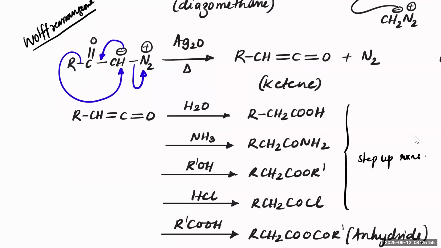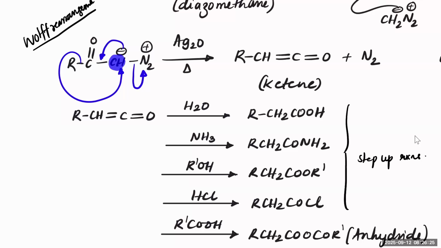Wolff rearrangement is a case where you have a C double bond O with some alkyl group, connected with a group which has a good leaving group. This leaving group will initiate the bond breaking. As it happens, this particular carbon, whichever group is present here, will have a loss of octet.